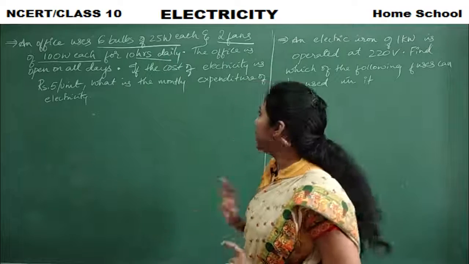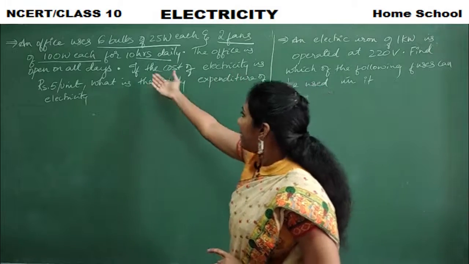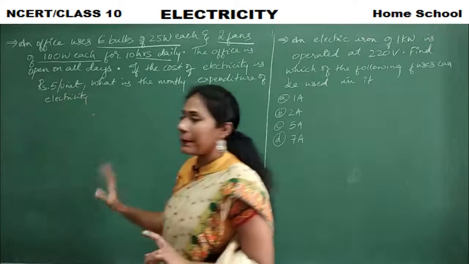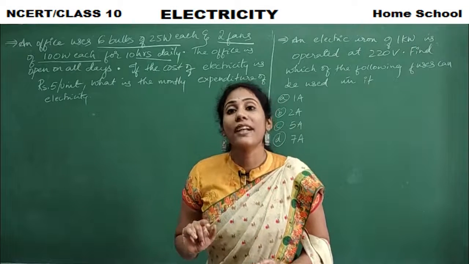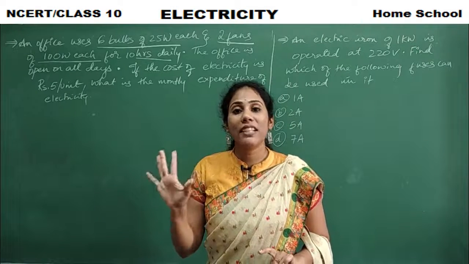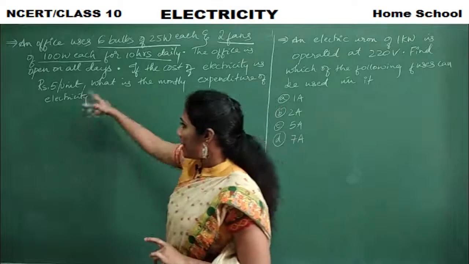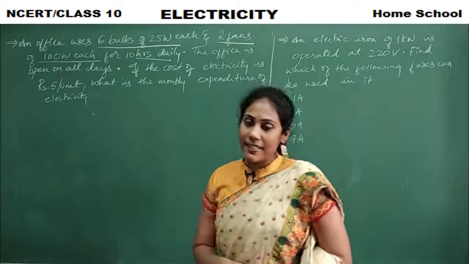Okay, fine. What is the cost of electricity? See the question. If the cost of electricity is rupees 5 per unit, unit in the sense kilowatt hour, 1 kilowatt hour is called a unit. So 1 kilowatt hour cost is 5 rupees. What is the monthly expenditure of electricity?